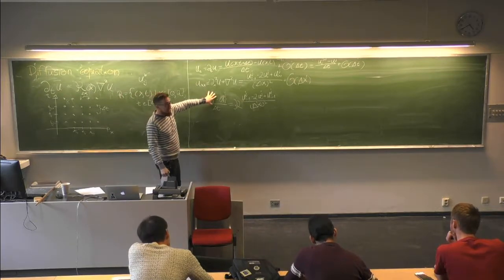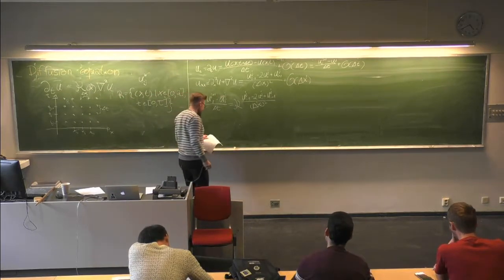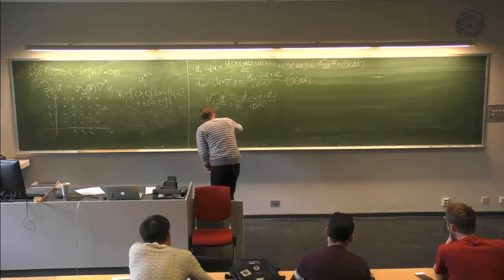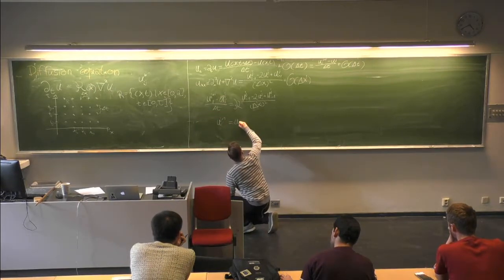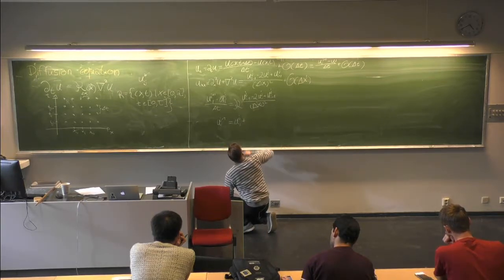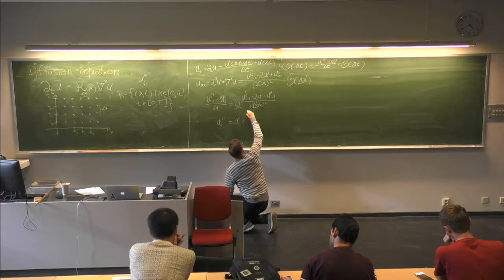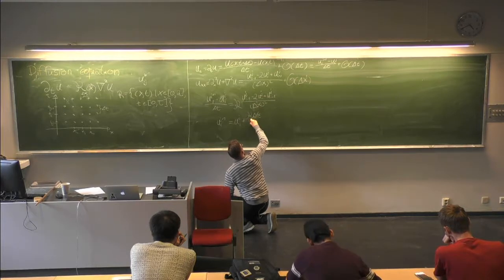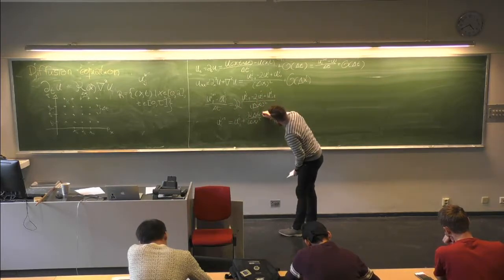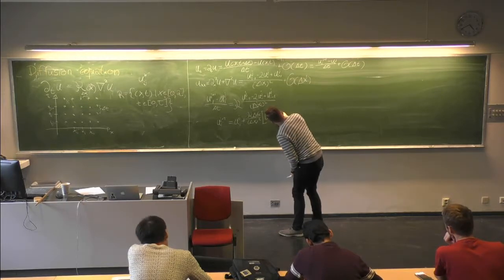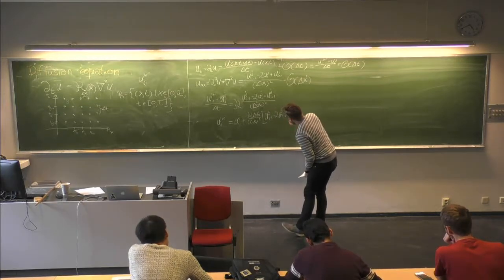So we want to solve for the next time step here. u i, j plus 1 equals the previous one, u i, j, plus kappa delta t over delta x squared times u i minus 1, j minus 2 u i, j plus u i plus 1, j.